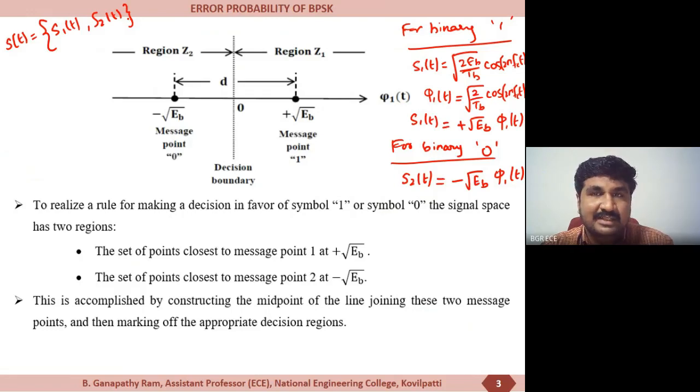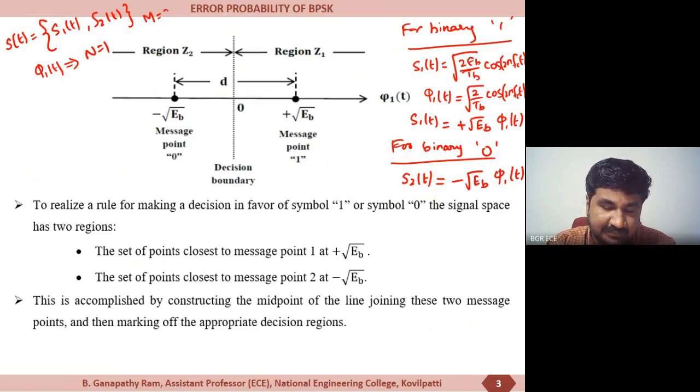And these symbols have a correlation with the orthonormal basis function phi 1 of t, since the dimension used here is 1 and the number of symbols is 2. So there are two correlations between these two symbols, that is S11 and S21.